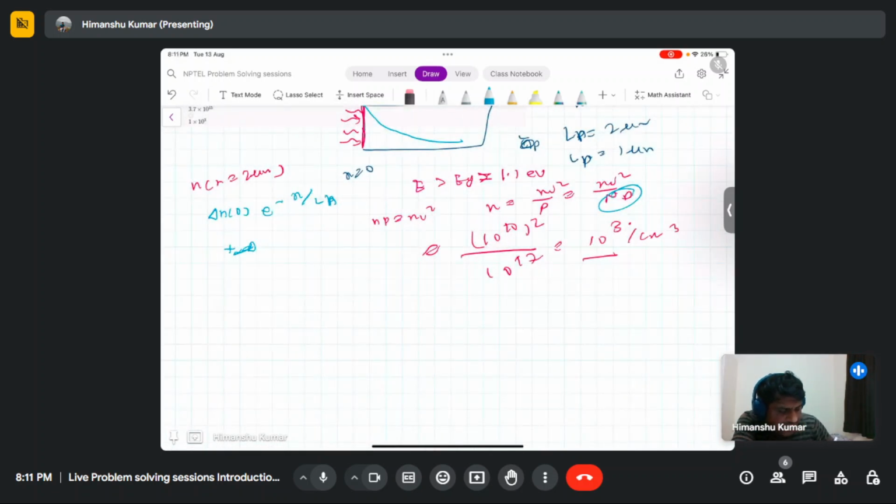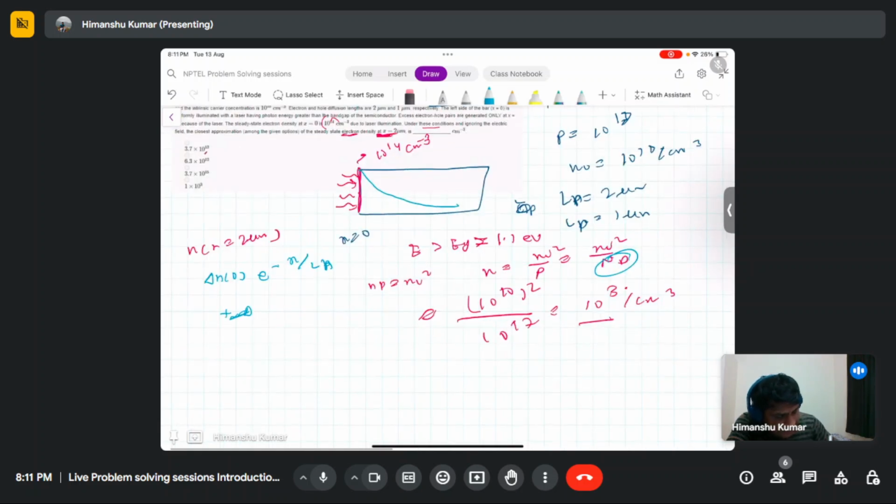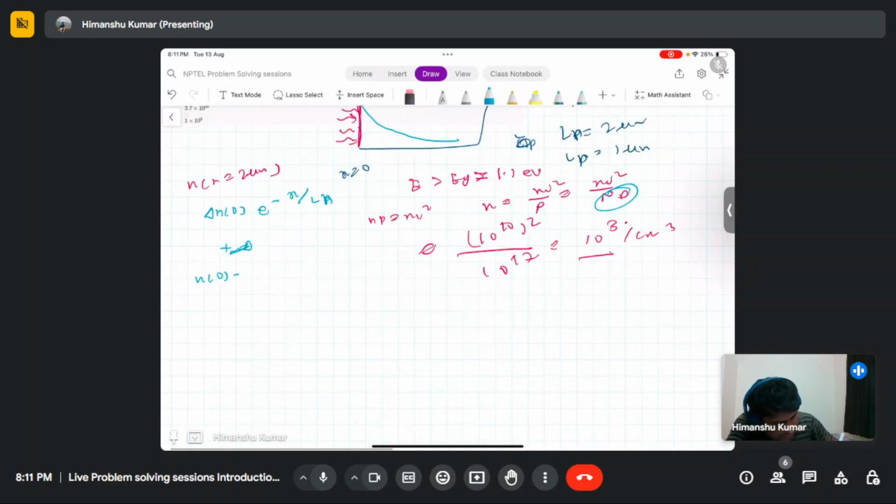So we calculate this delta n naught, which is basically n of 0 minus n naught, where n naught is the equilibrium carrier concentration, times exponential of minus x by Ln.